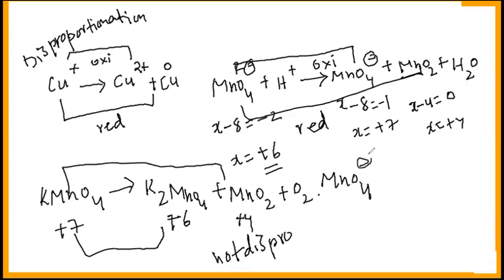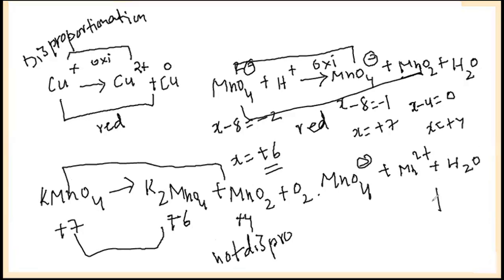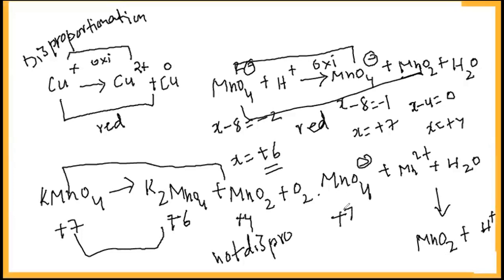Apart from this, the last one we can take: MnO4 minus plus Mn2 plus plus H2O gives rise to MnO2 plus H plus. Here MnO4 minus is plus 7, here it is plus 4. Here plus 2 to plus 4.